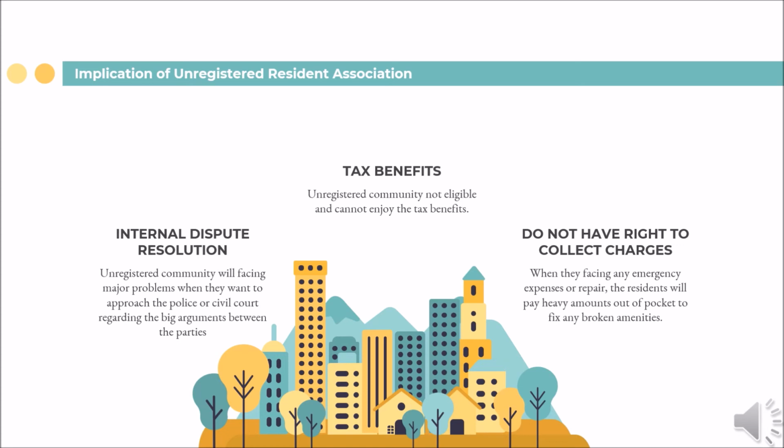It is reported that an unregistered community is not eligible and cannot enjoy the tax benefits that are provided to a registered community. It is also said that for internal dispute resolution, an unregistered community will face major problems when they want to approach the police or civil court regarding big arguments between the parties.